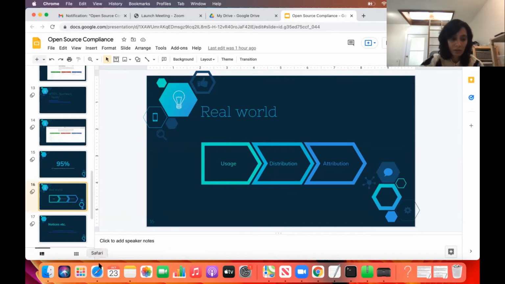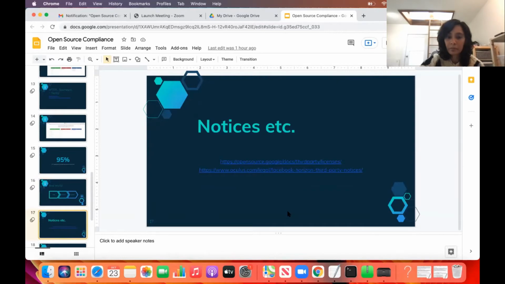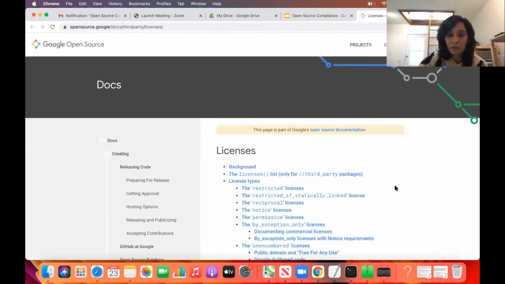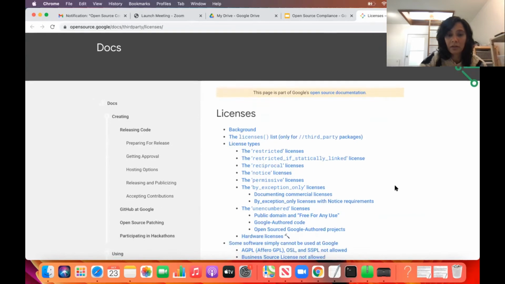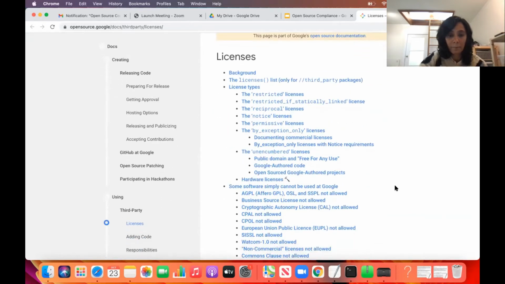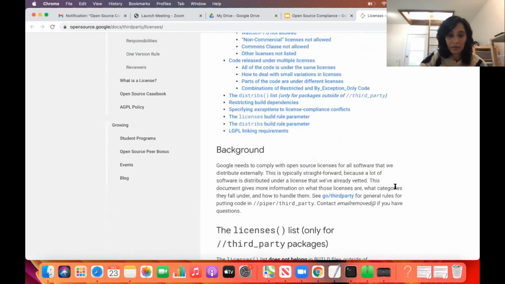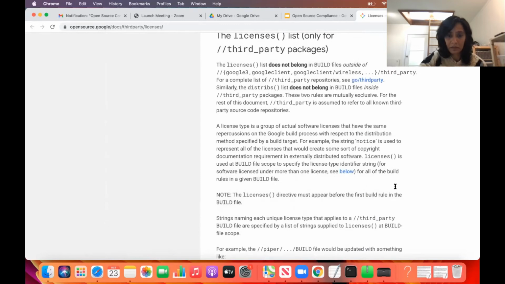So these are called third party notices, right? There is this Google open source page that is very informative, and you will see a lot of what I'm talking about here.